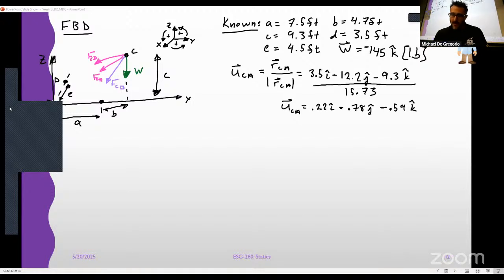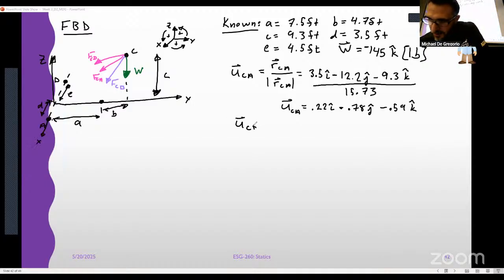Great. Rinse and repeat for the other two, right? So UCB is RCB, no, not the magnitude, divided by the magnitude of RCB, right? So if we do that, we're going to get, well, if I want to go from C to B, which is right there, right?